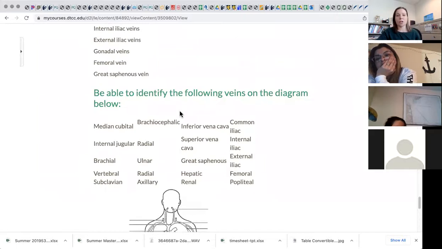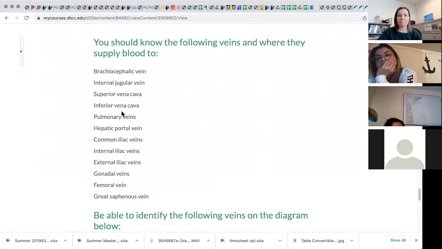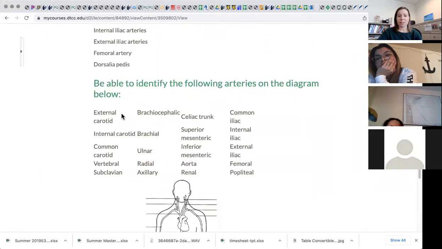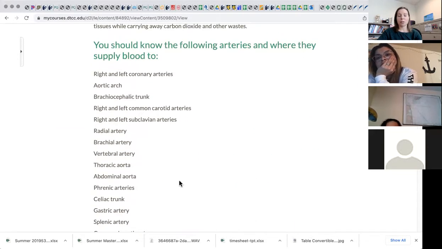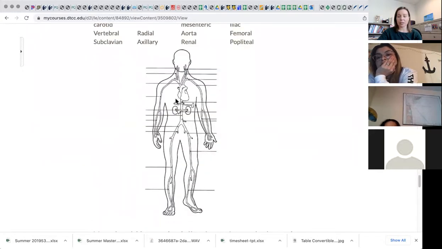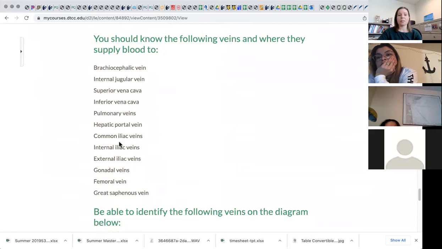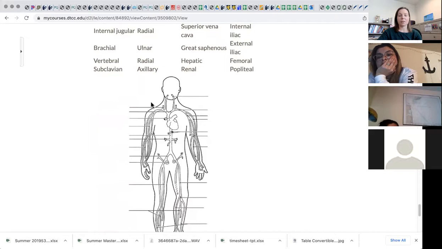And you'll just need to know the ones that are listed, the vessels that are listed. So these are arteries. And this is the whole list, but these are the arteries that are on here. And then this is the list of veins that will be on here.